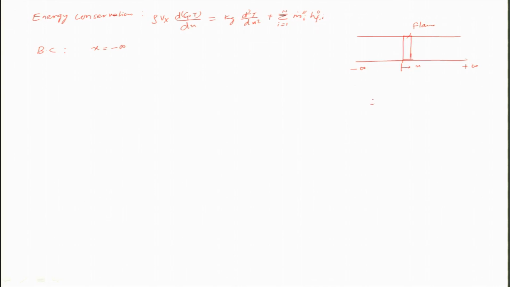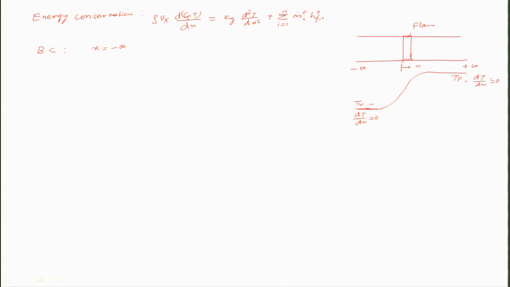If I take the temperature profile to illustrate this point, this is Tf, this is Tu. At minus infinity the gradient dT by dx is equal to 0, and similarly at plus infinity dT by dx is equal to 0.